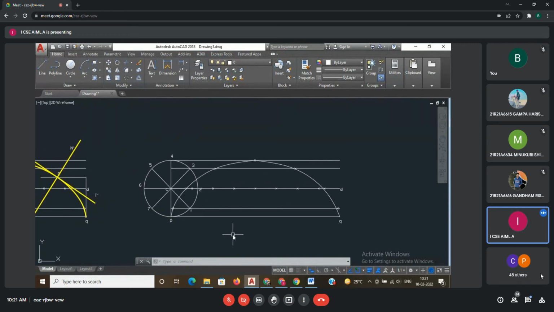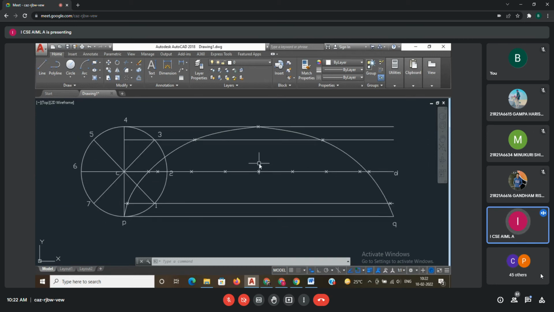Suppose they won't give any value. They simply ask, draw the tangent and normal on the curve by selecting any point on the curve. If they say any point on the curve, it is easy. Where will I select the point? Anyone can guess. I can draw this tangent and normal within one step.